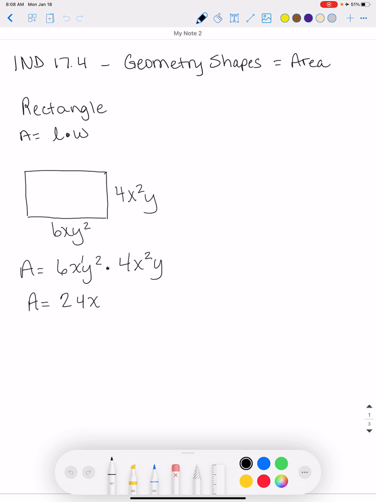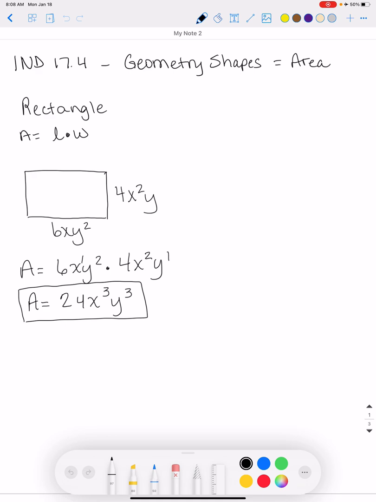So 1 plus 2 is 3. And then for your y's, you've got y, so you keep your base. And again, this is really a 1. So you've got 2 plus 1 is 3. And that's your answer. You can't reduce it anymore. You don't know what x and y are. So the area of this particular rectangle with the given information is the answer when you multiply the numbers and then each variable.